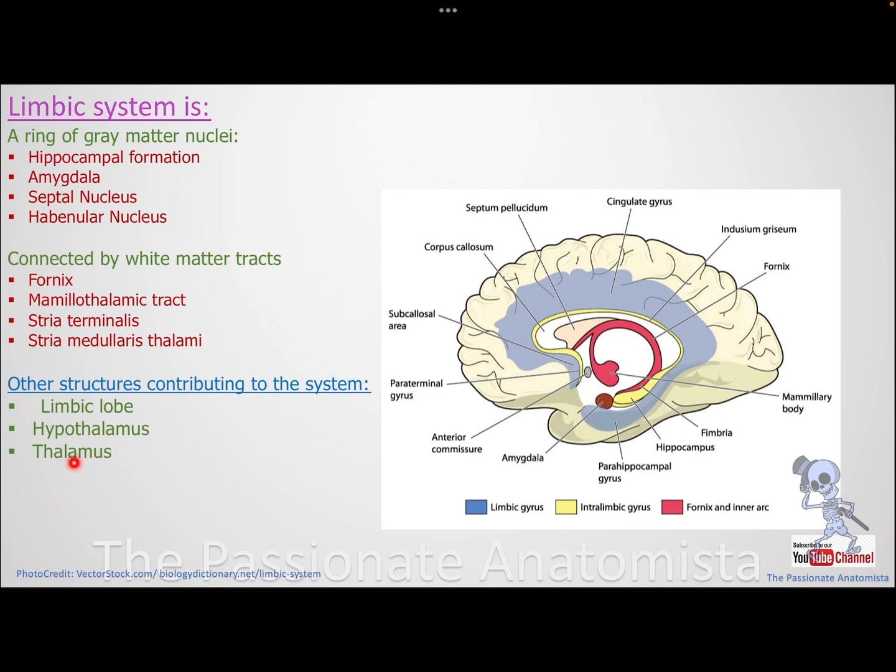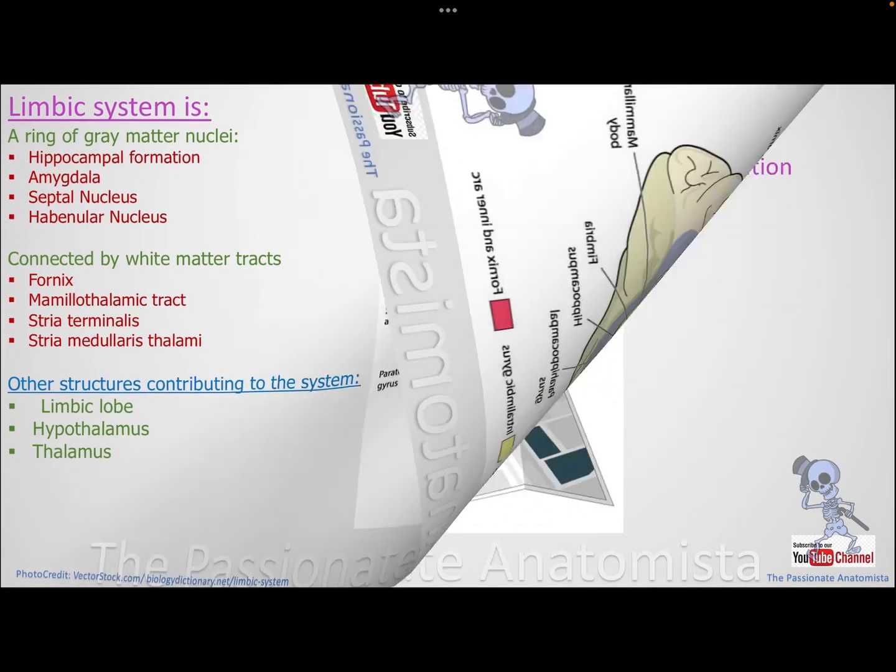And also you need to take it to the thalamus because you need to have connections that register from the anterior thalamic nucleus, for example, to the cortex. Okay, so these are all the things we're going to talk about now, and let's proceed and see what these parts are.